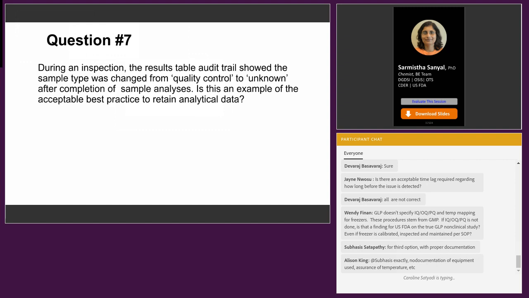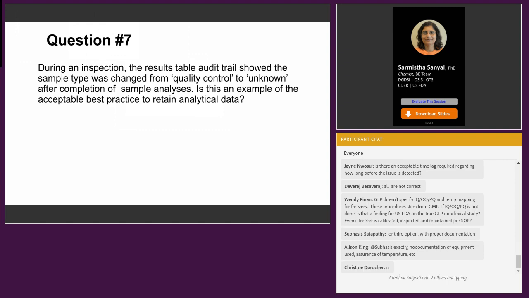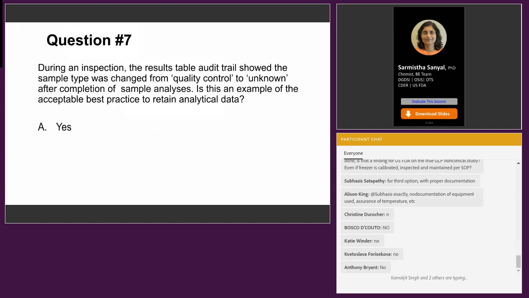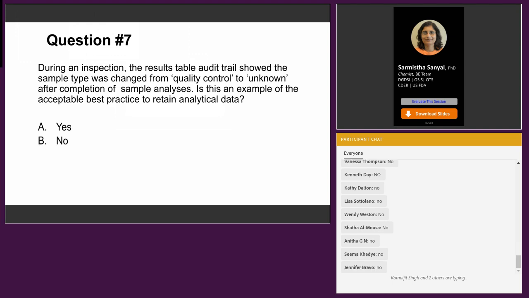Is this an example of acceptable best practice to retain analytical study data? And the answers are yes or no. So yes, I'm seeing overwhelming no and B options, and you are right. This is not at all an acceptable practice to retain analytical study data.